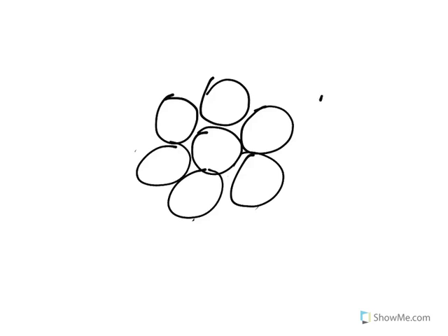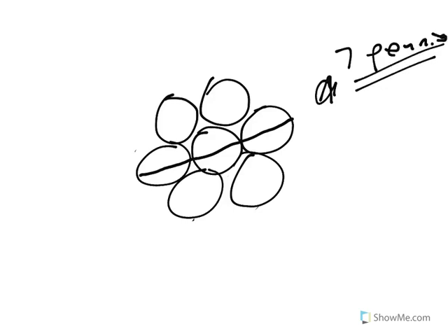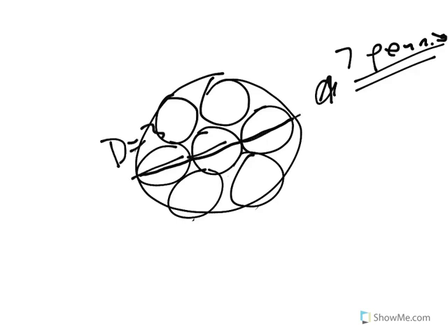Now, if I were to draw a line across the middle, these 7 pennies are kind of like the area of a circle. This flower-shaped thing is not a circle, but its diameter is 3, because you see 1, 2, 3.